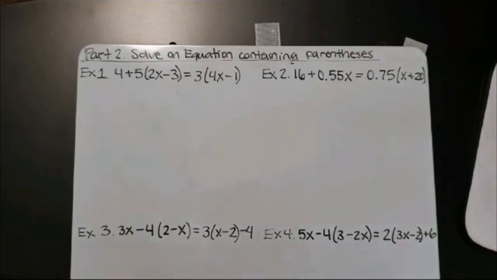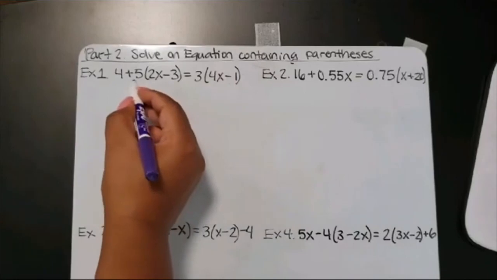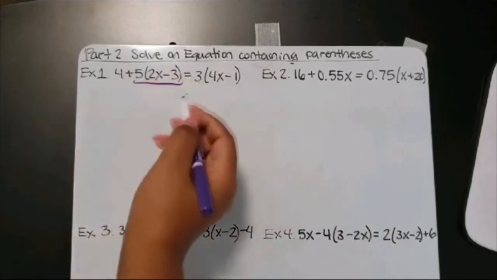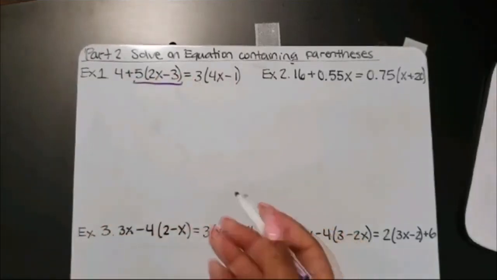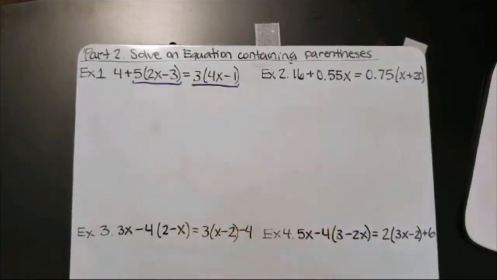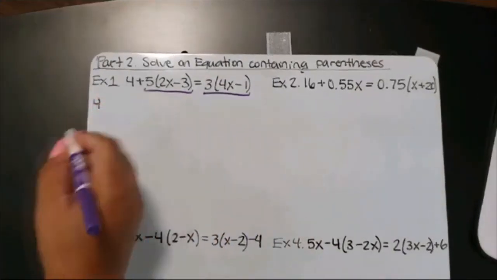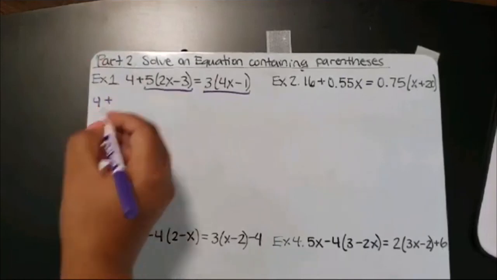So the first thing that we can do on each side for this particular problem is multiply the 5 through, so we're going to use the distributive property. Then we're going to multiply that 3 through, which is also the distributive property, okay? So we can keep our 4.